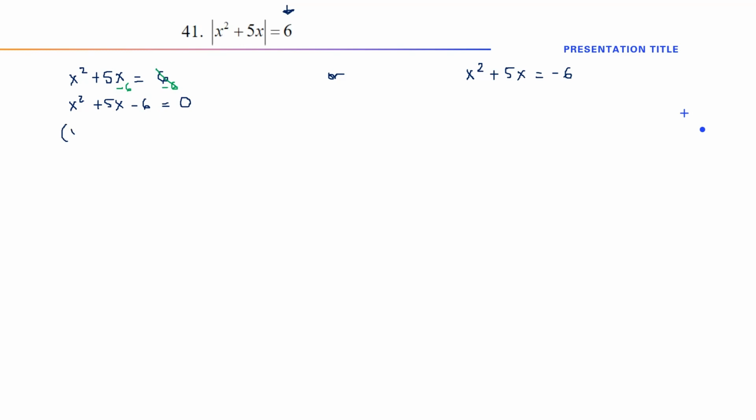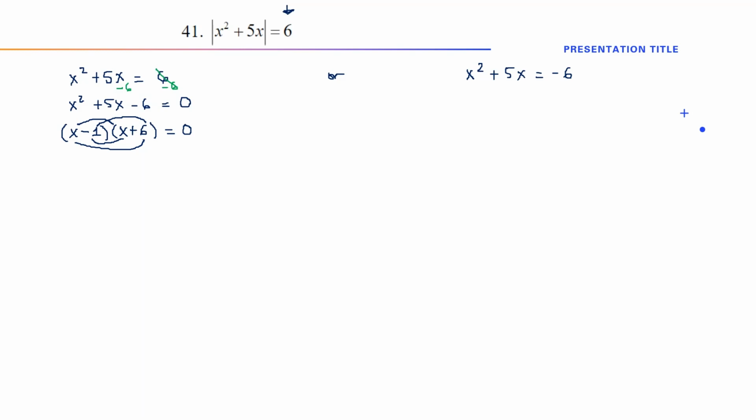So we can say x minus 1 times x plus 6 equals 0. We can check by distributing, right? So x squared for the first one, then we have 6x minus x is 5x, minus 6.